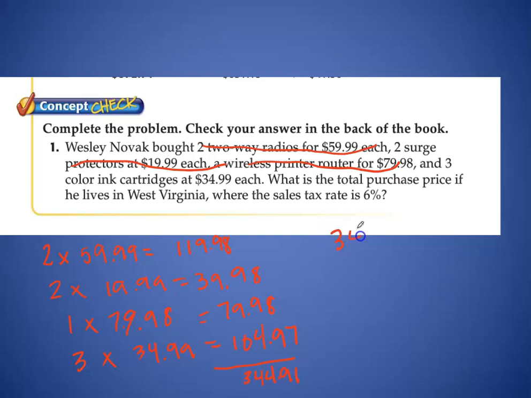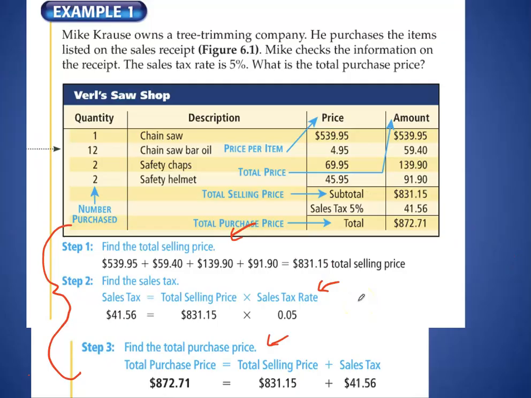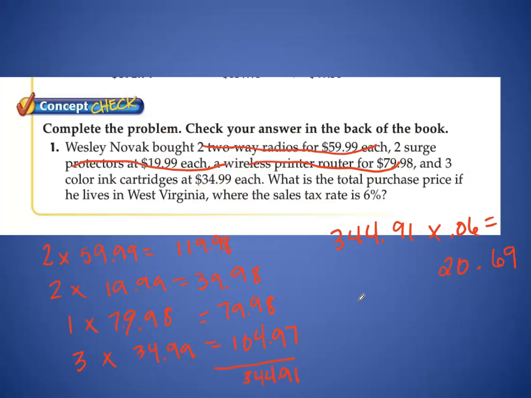So I'm going to take that $344.91 times 0.06, and I get $20.69. Since the next digit is a 4, we're not going to round up. We're going to keep it the same. And then the third step is you add those two together.